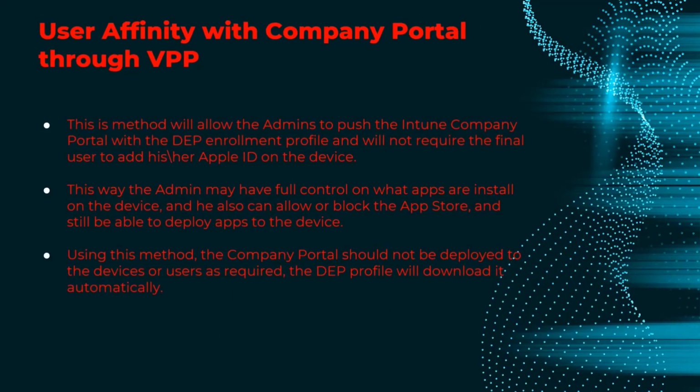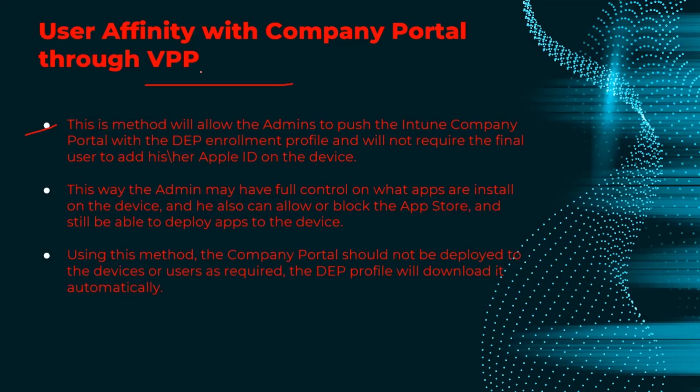Now, when you're using company portal, you have an option of deploying company portal through VPP. So over here, you can see that this method will allow the admins to push the company portal application with ADE. And what is the advantage of using this? User affinity with company portal through VPP, the advantage is the company portal application is coming through VPP, which means that the end user does not have to provide his Apple ID and go into the settings for company portal application to download.